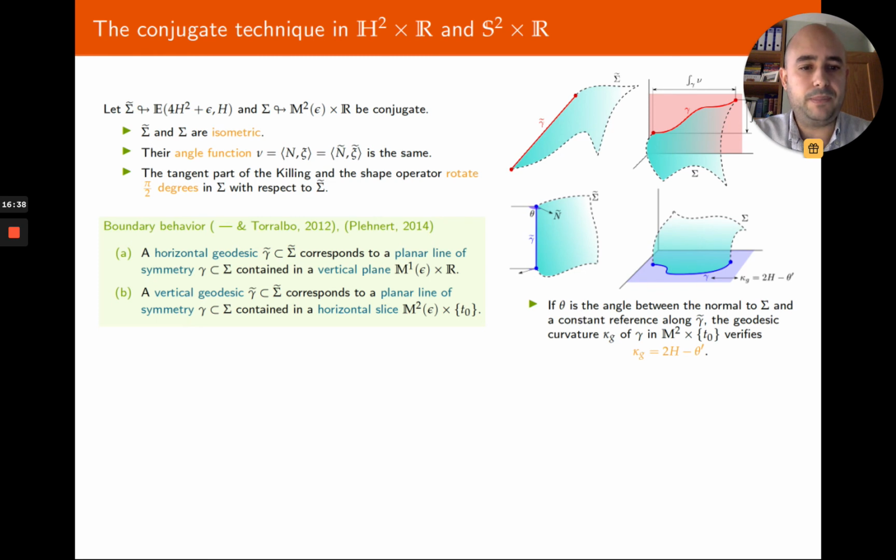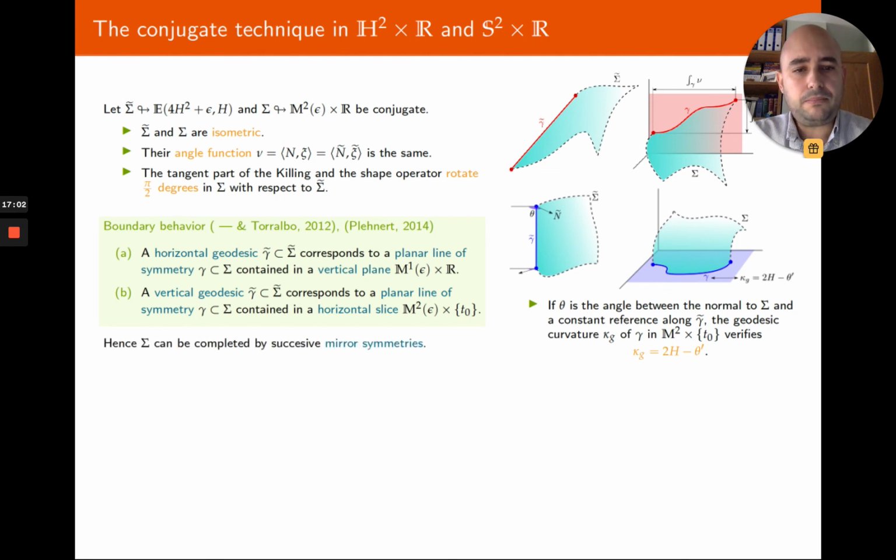This is a very nice formula, but in the case of H2 cross R or S2 cross R, the geodesic curvature is not as strong as in R3, because the geodesic curvature doesn't reflect the rotation of the normal of this curve, since we have some curvature in the base.